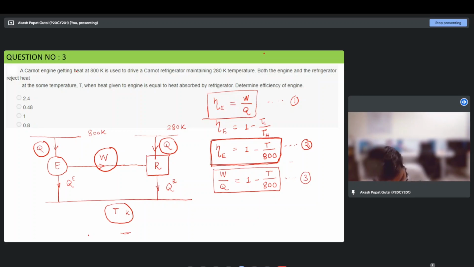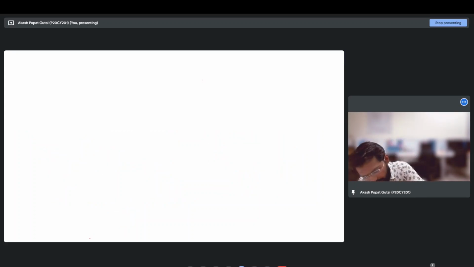Similarly, we can write a similar equation for the refrigerator. But you all know that for the refrigerator we do not have efficiency; we have the coefficient of performance.